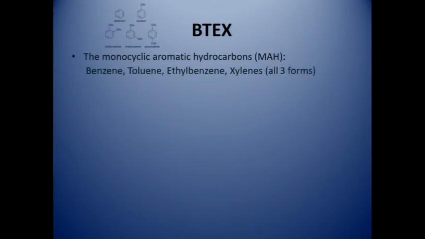BTEX, we mentioned these, so let's look at them. BTEX is a group of monocyclic aromatic compounds. They all look like that: benzene, toluene, ethyl benzene, and 3 forms of xylene. They are all carcinogenic, so they are monitored everywhere in the world all the time.